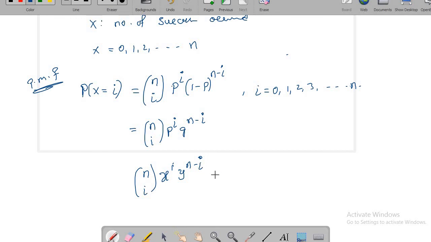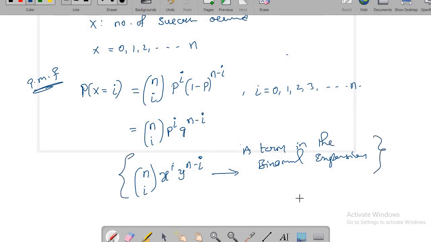And do you remember, this is exactly a term in the binomial expansion? So now this is exactly a term in the binomial expansion, isn't it? The probability mass function resembles the terms in the binomial expansion.